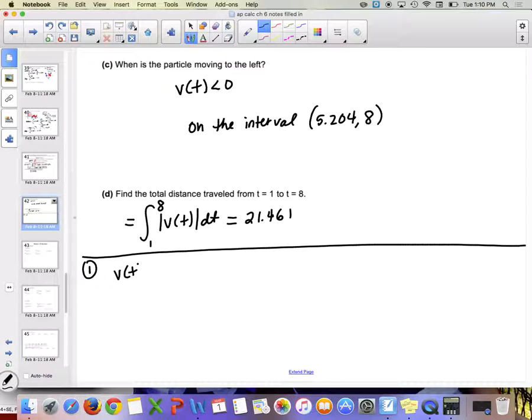So let's say your velocity function is given by 5t cubed minus 2t plus 3. I'm just totally making this up. Okay, and your initial position is s of 0 equals 10.